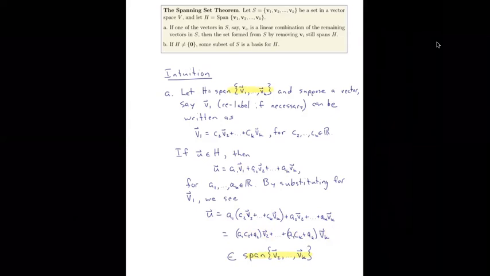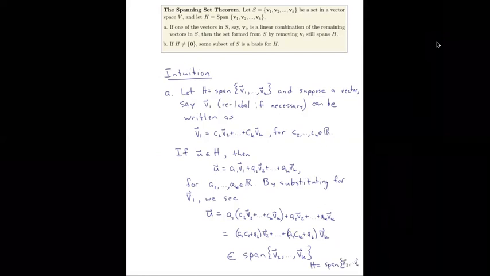So in other words, if U is in H, and all these conditions are true, then U is still in this set. So I don't need V1, I can toss that one out and still generate the whole space. So that's how we get this equality, that H is still equal to the span of the lesser collection, V2 through Vk.